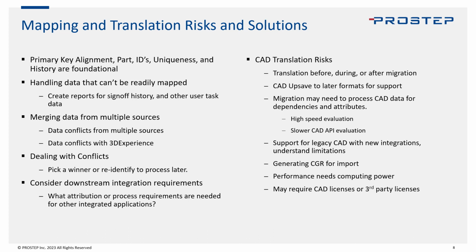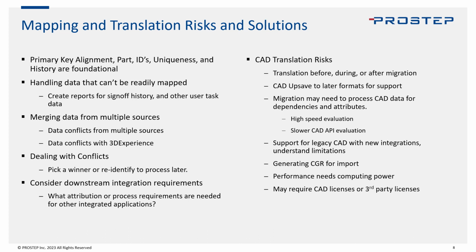In dealing with the conflicts, generally you could either determine what is the right set of data to use, and that's the pick-a-winner philosophy, or re-identify that data maybe later. So as part of the import, create another ID that then represents that, right? And then you can change that later on once you've gone through manually and figured out what that data is and what the right place for it is.